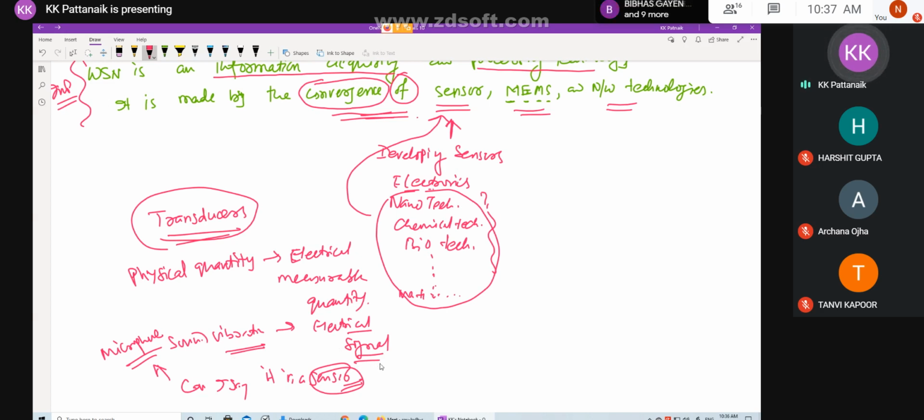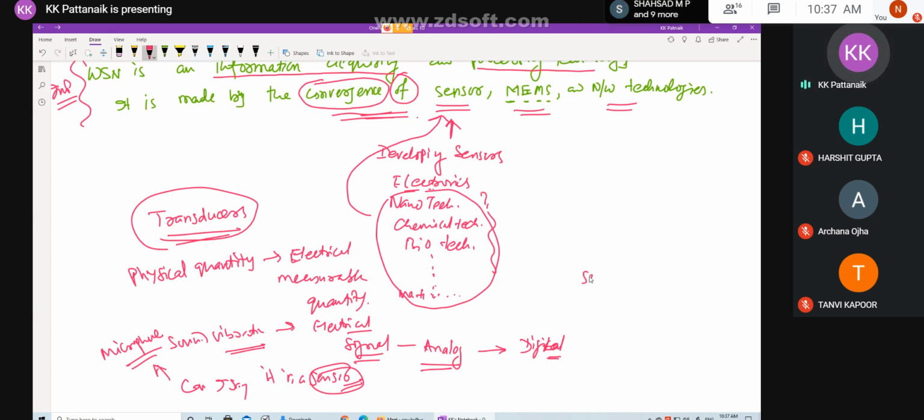So this electrical signal, if it is in analog form, if the output of this sensor is in analog form, I call it an analog sensor, right? And if this signal is digitized, analog to digital, if I use an ADC here to transform the sound vibration directly into digital form, I will call it a digital sensor, right?